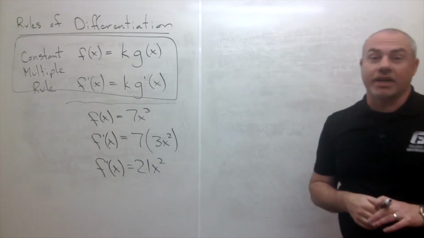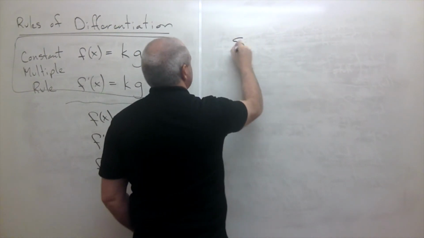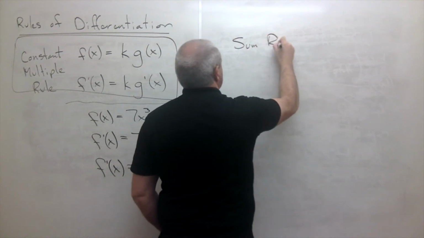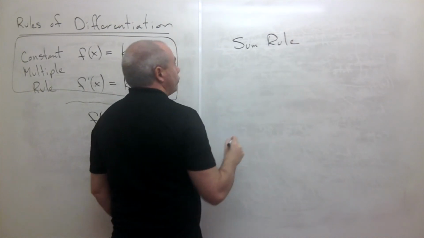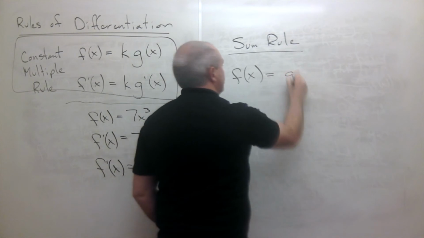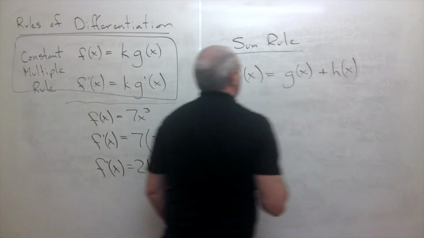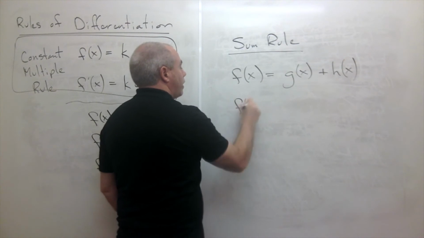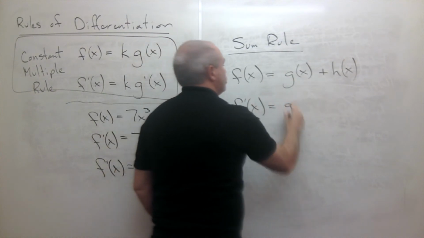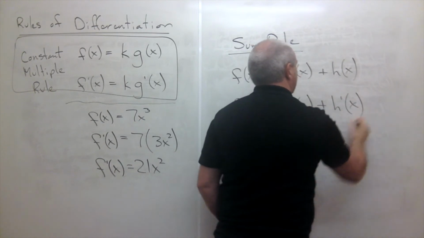Okay, the second one that I want to talk to you about is called the sum rule. And the sum rule says the following. If f of x is equal to g of x plus, let's say, h of x, then f prime of x is equal to g prime of x plus h prime of x.